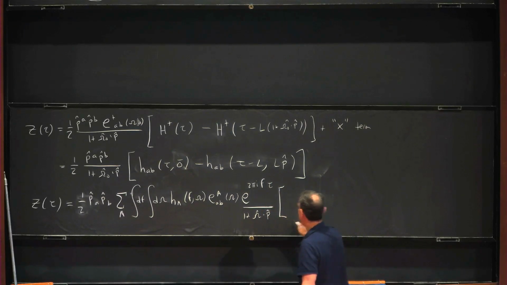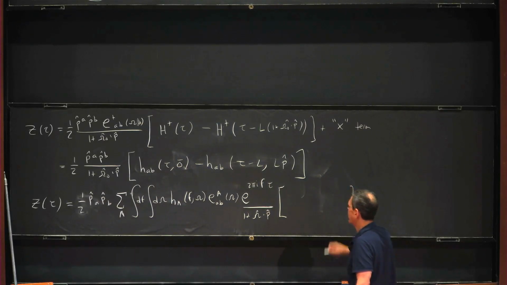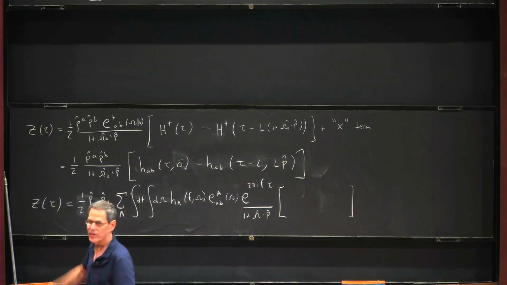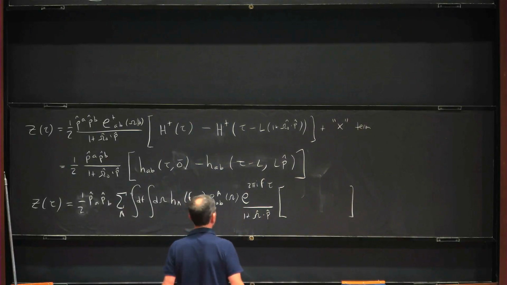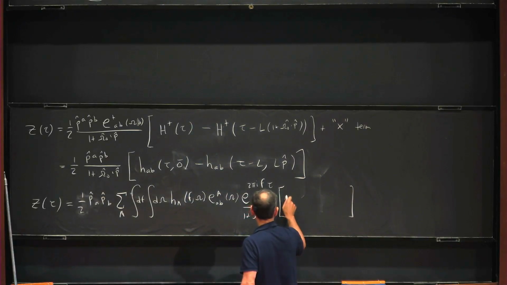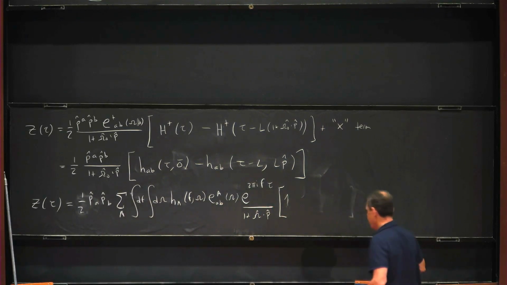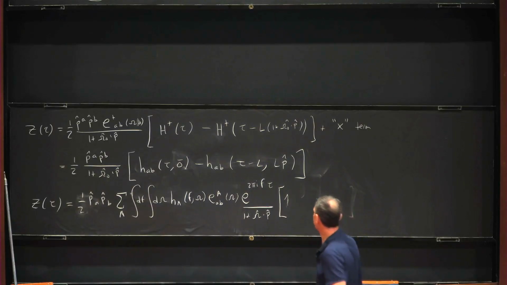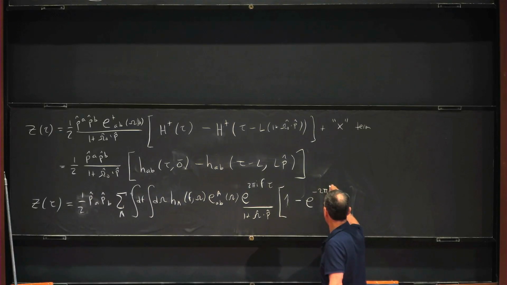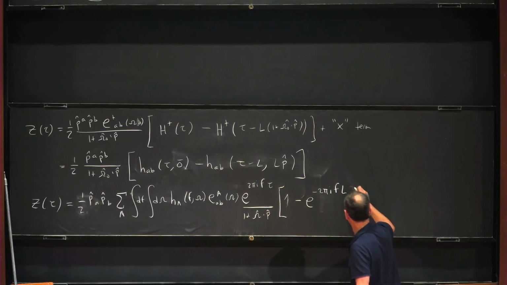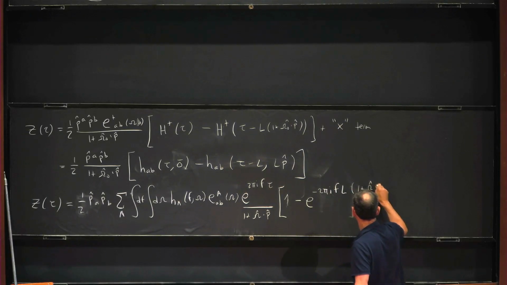And then there's going to be the difference when I evaluate the integral between the upper and lower limits. So the upper limit's going to just give me a 1. And the lower limit is going to give me a minus e to the minus 2 pi i f L (1 plus omega hat dot p hat).